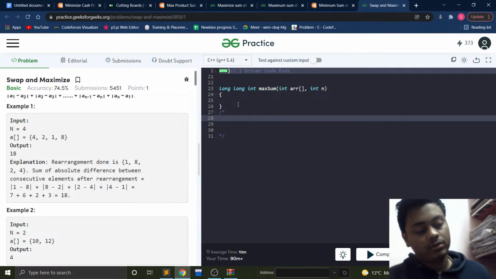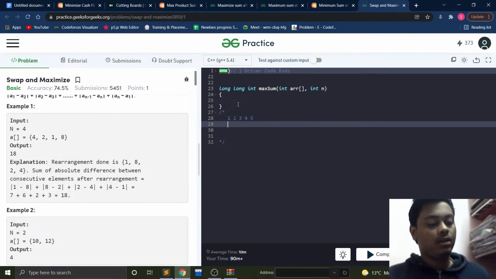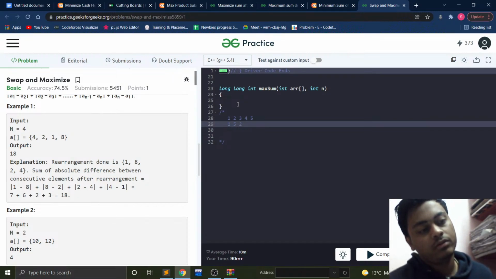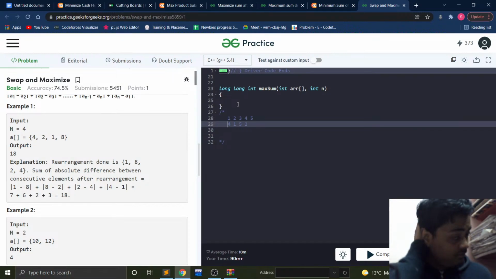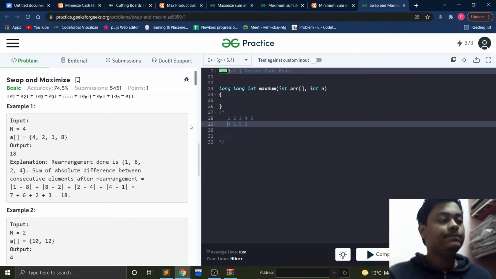If I have some values 2 3 4 5 this time, I can put 5 in the middle of 1 and 2, then I can put a 4 there, and then I can put a 3 here.